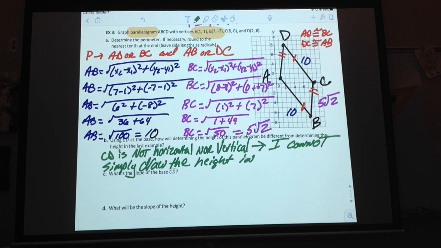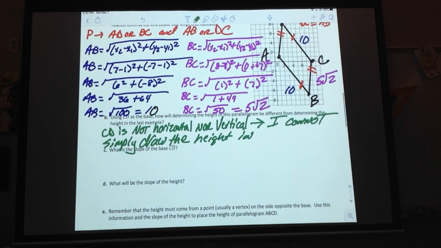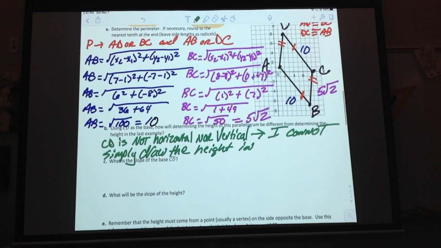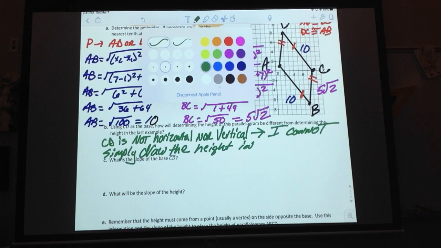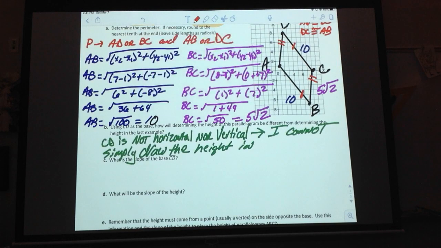So when I do this, we're going to have to do something a little bit different. And hopefully you're starting to understand what we're going to have to do. Hopefully you are remembering that we're going to have to find the slope of CD, because if I need a line that's perpendicular to it, the height has to be perpendicular to the base.